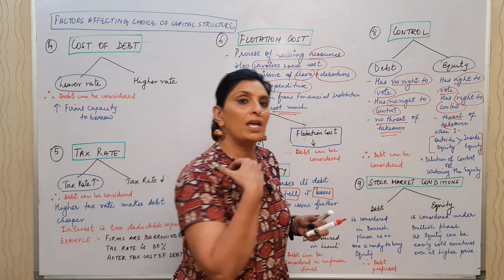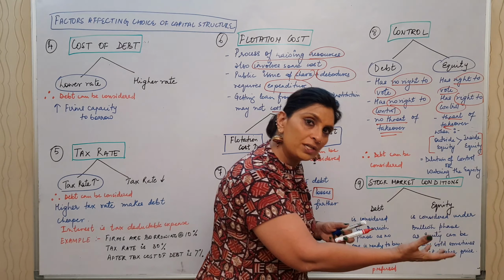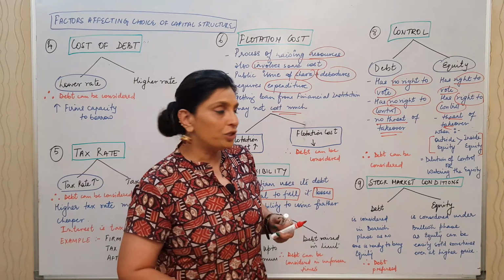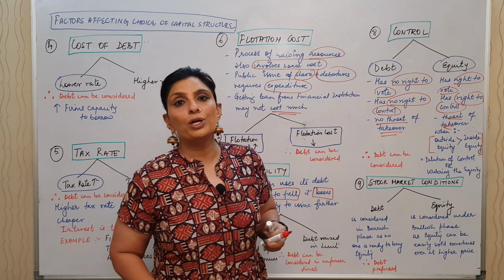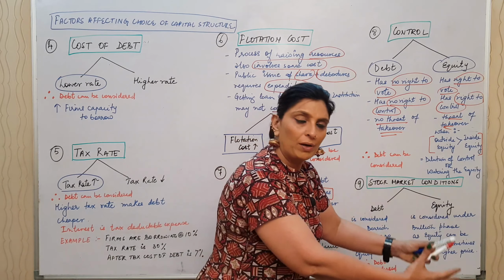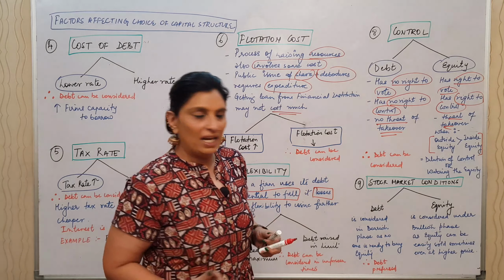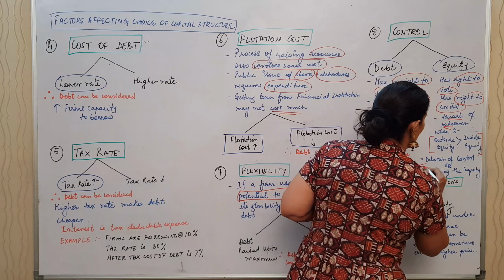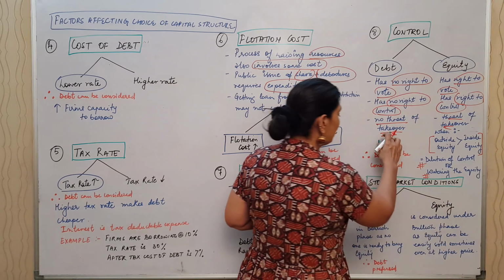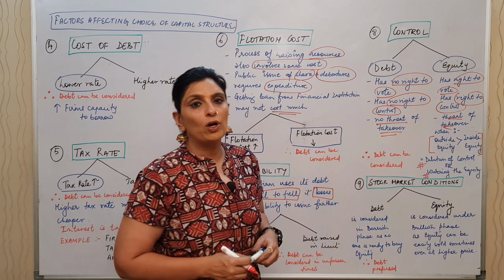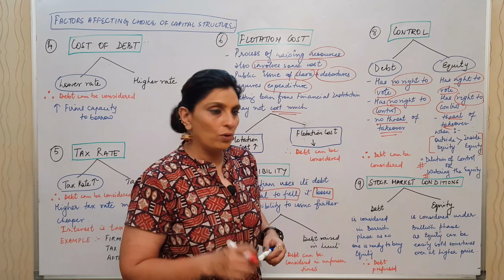So when their equity shares are more than the existing equity shareholders, it leads to dilution of control, because outside equity becomes more and inside equity becomes less. So it leads to dilution of control and watering of equity. Debt can be considered. Why? Because there is no dilution of control.